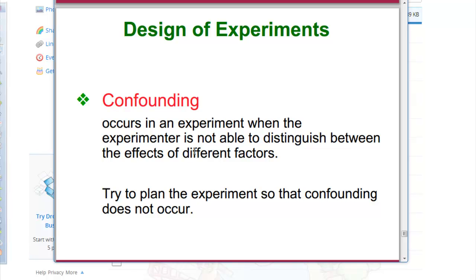And so when we design an experiment, we need to design it in such a way that we're not unclear about the effect of something on the outcome.